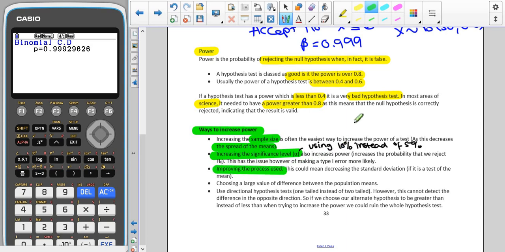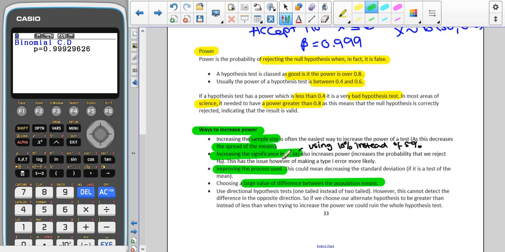This could mean decreasing the standard deviation where possible. We could also choose to have a large value difference between the population means. So if we are using a normal hypothesis test, if we have a large difference between the value that we are testing and the actual value, then that's going to increase the power. But again, sometimes this can mean that our hypothesis test would not make much sense.